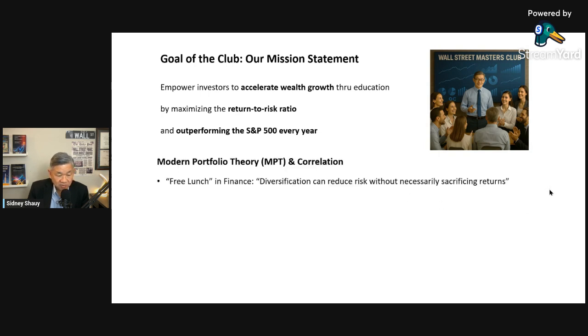So today we're going to talk about modern portfolio theory and also correlation, because that's what powers the portfolio theory. There's a saying in finance: the free lunch. Diversification can reduce risk without necessarily sacrificing returns.